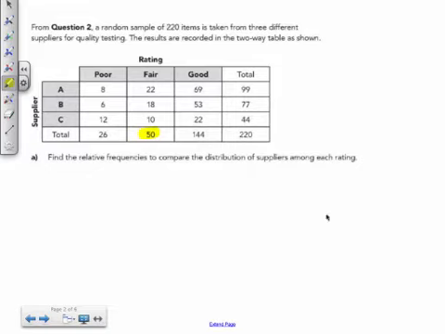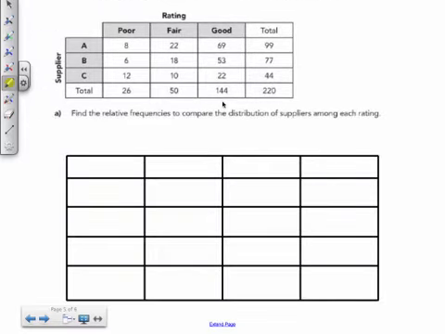All right, so question A says find the relative frequencies to compare the distribution of suppliers among each rating. So you're going to figure out how the suppliers were distributed between each rating. Okay? So in order to do this, we need to make another chart. And in our chart, it's going to have 4 columns and it's going to have 5 rows.